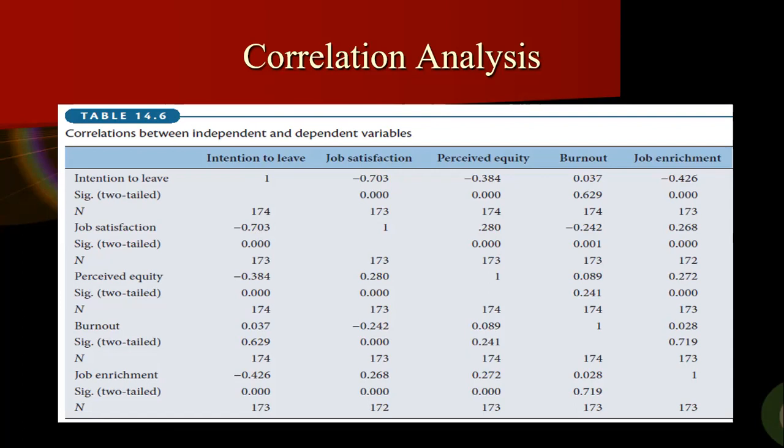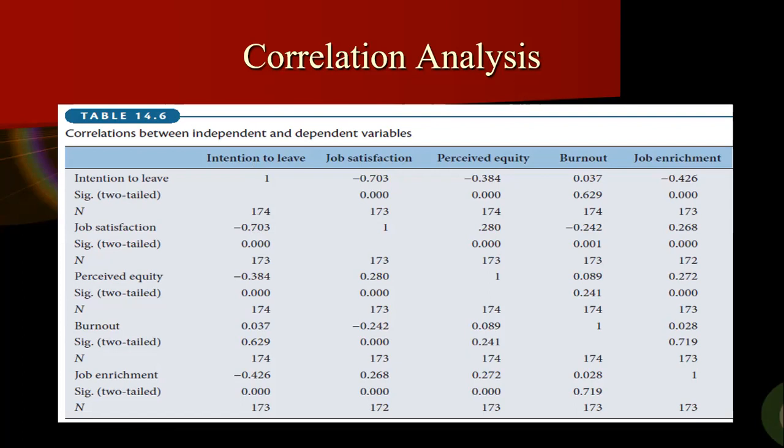And negative relationship means when one of these variables goes up, the other variable will go down. And if we see the variable job satisfaction, if job satisfaction increases, intention to leave decreases. That is the interpretation of the correlation coefficient.